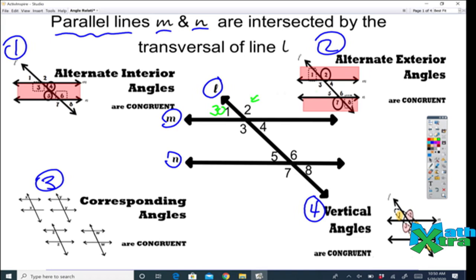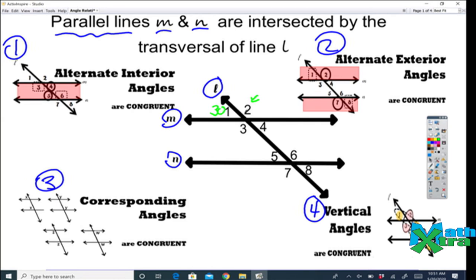You should know that if you have a line formed from 2 angles, that's a linear pair, or those angles are supplementary, which means those 2 angles add to 180 degrees. So if 2 and 3 add to give me 180 degrees, then 30 away from 180 would be 150.